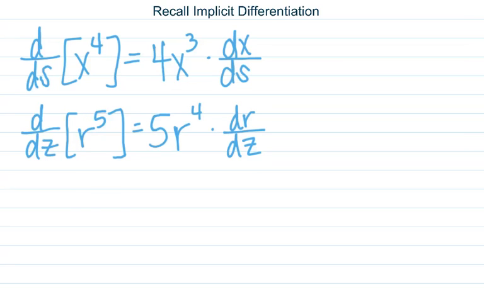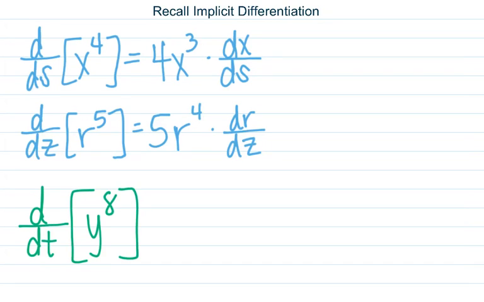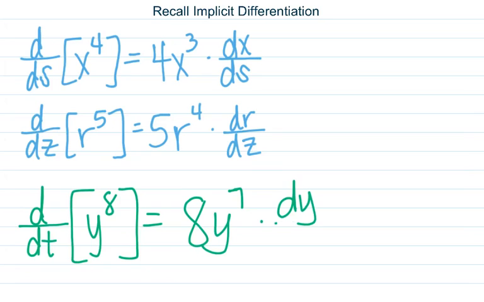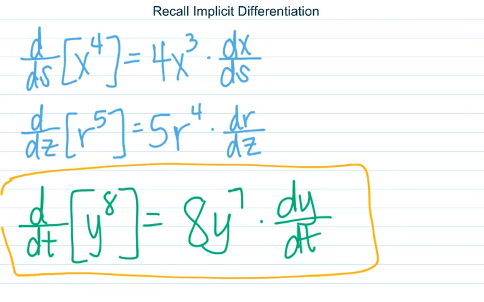Okay, now what if I said let's differentiate y to the eighth with respect to t? Then we would have 8y to the seventh times dy dt. And this is the one that we're going to focus on to solve our related rates problem.